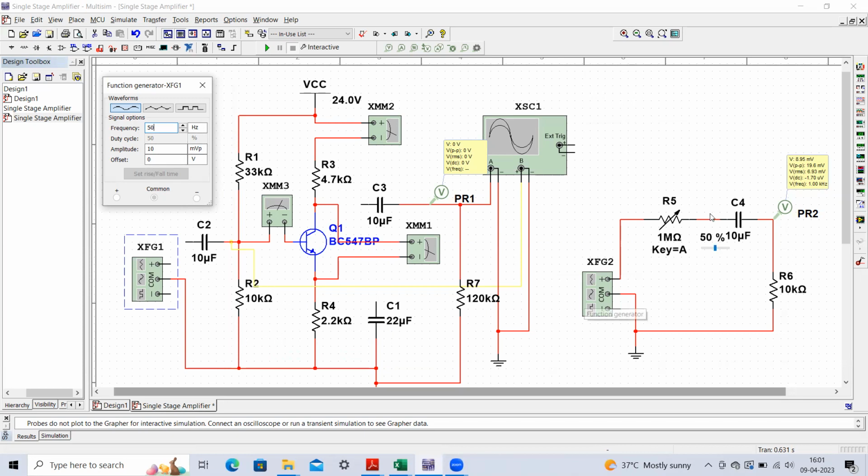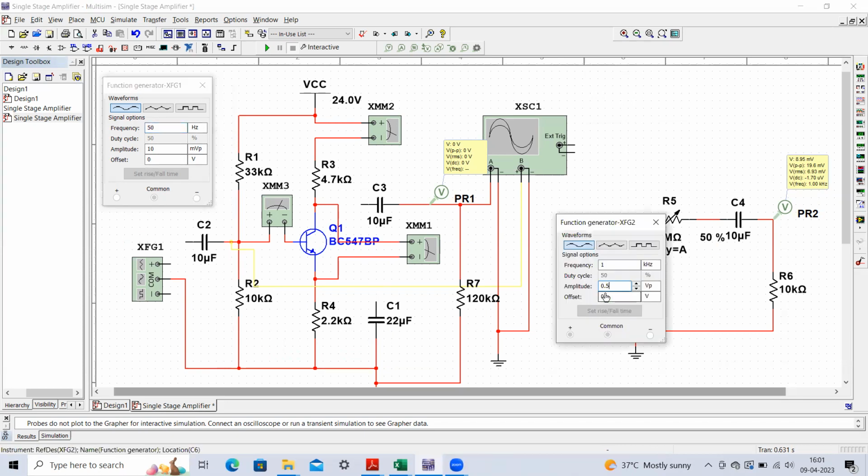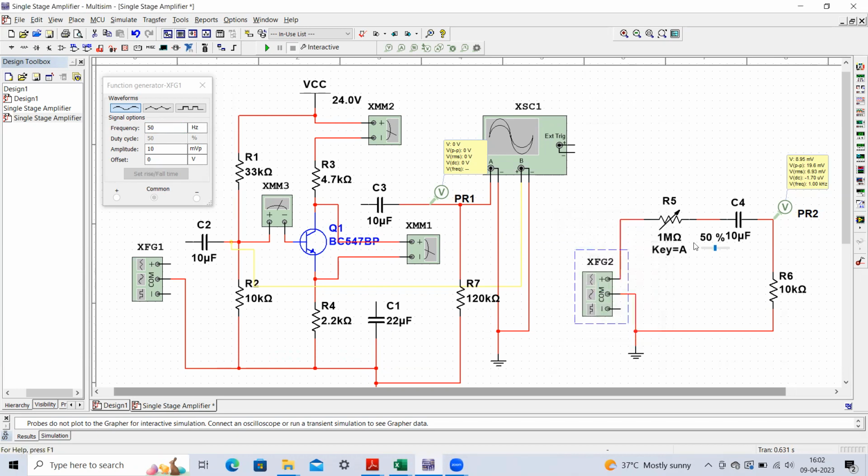So altogether it makes a potential divider circuit. Even if you take the voltage to be 0.5 V peak, meaning 1 volt peak to peak, by adjusting this variable resistor this potential can be controlled.